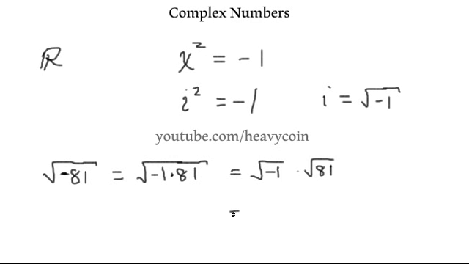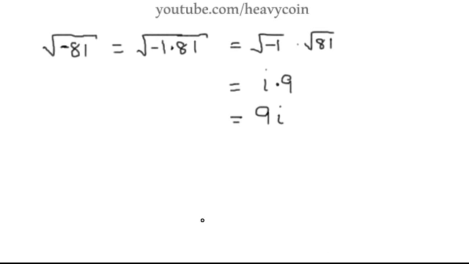Properties of the radicals there. Now, what did I say the square root of -1 was? It's i. And the square root of 81 is 9. However, we would normally write it like this, 9i. That's the standard form there. So the square root of -81 is 9i. I know it sounds strange, but that's what it is.